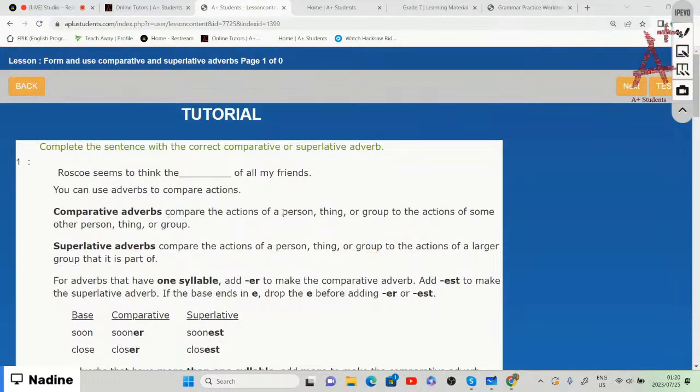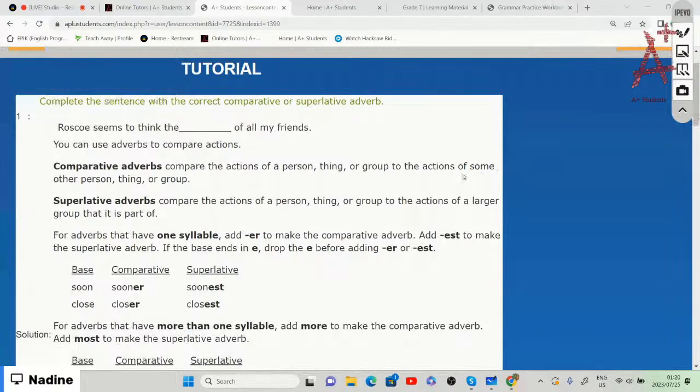And for adverbs that have one syllable, we add er. So one syllable, we add er, and specifically to adverbs that compare, we add er. And we add est to a word to make the superlative adverb.